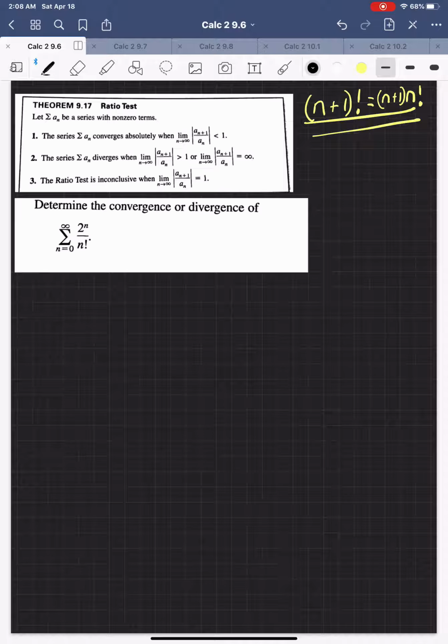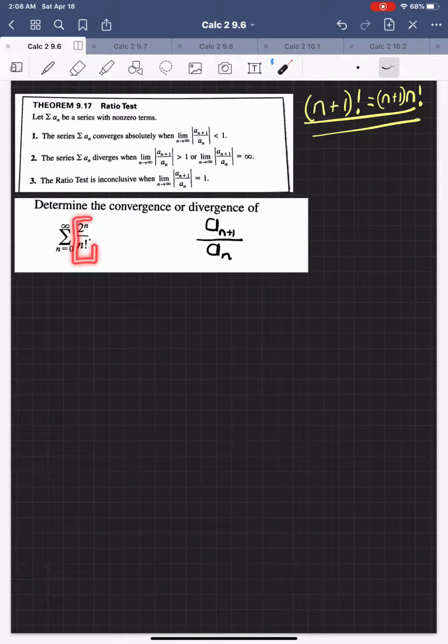So every single one of these is going to have a sub n plus 1 divided by a sub n. Now, a sub n is very easy because you're already given a sub n, right? For example, this one here is a sub n.